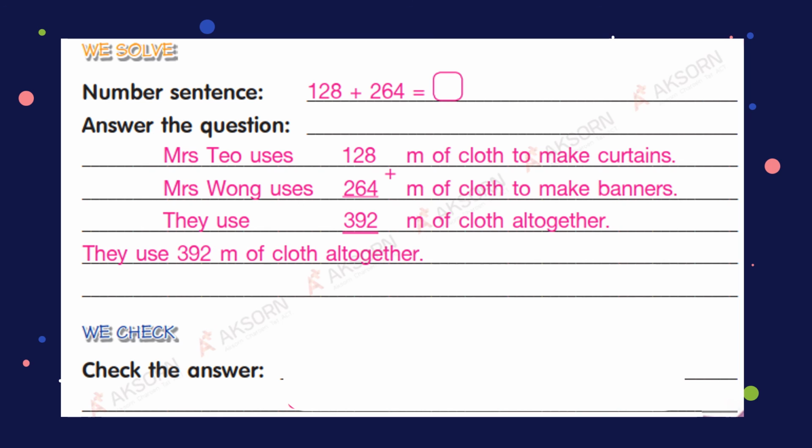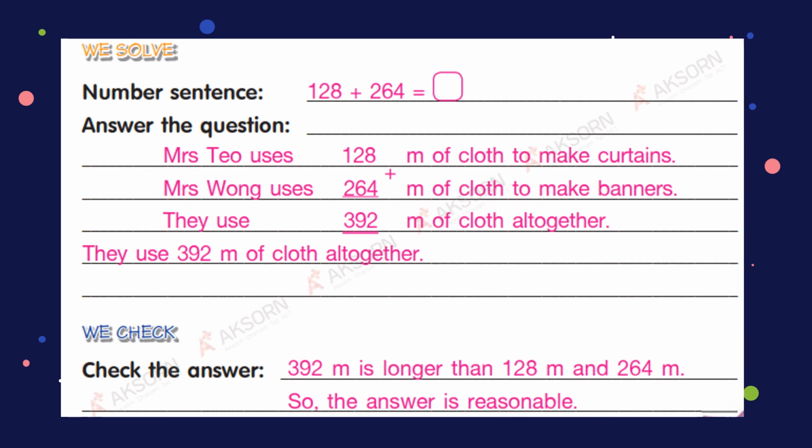Again, they use 392 meters of cloth altogether. If we're going to check the problem, 392 meters is longer than 128 meters and 264 meters. So the answer here is reasonable.